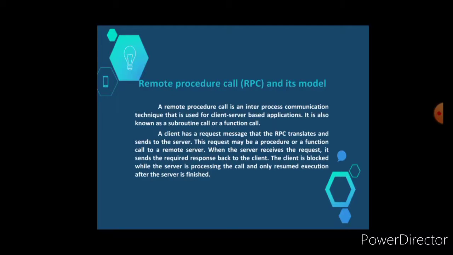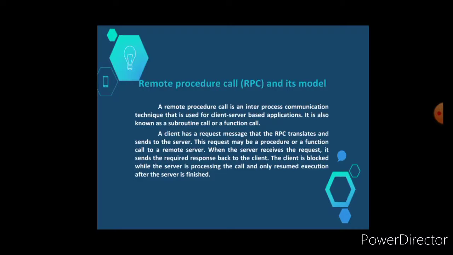Like a regular or local procedure call, an RPC is a synchronized operation requiring the requesting program to be suspended until the results of the remote procedure are returned. A client has a request message that the RPC translates and sends to the server.